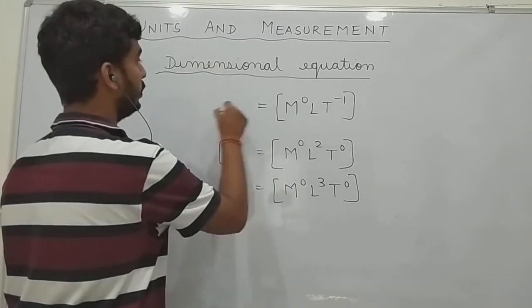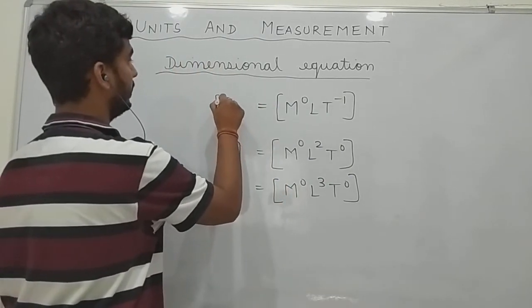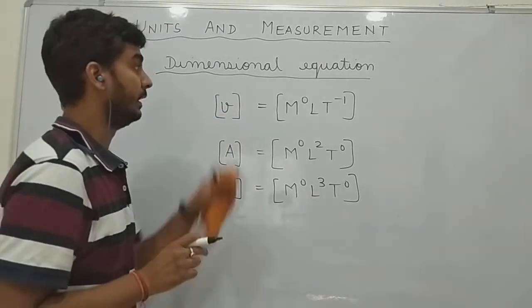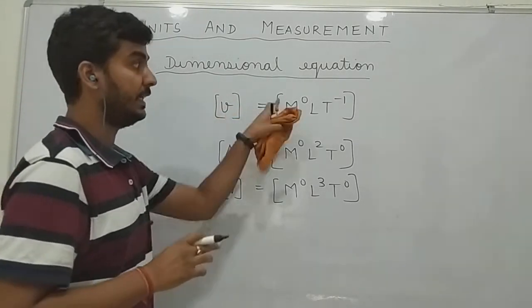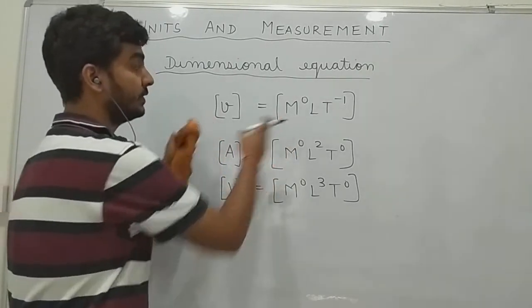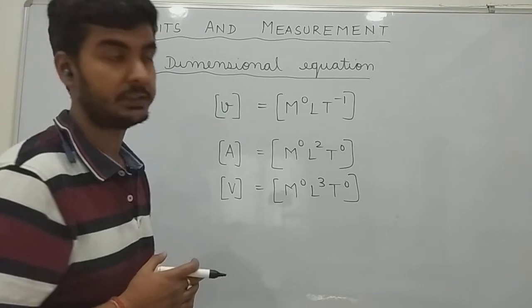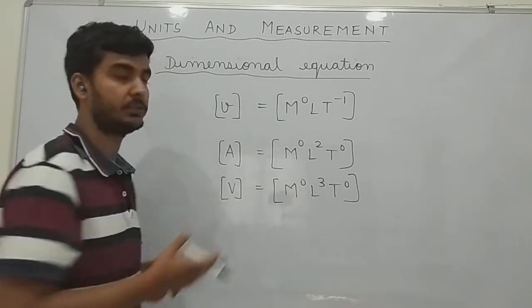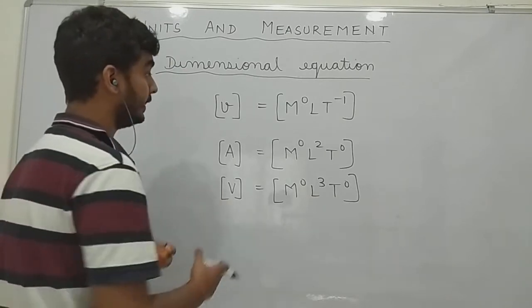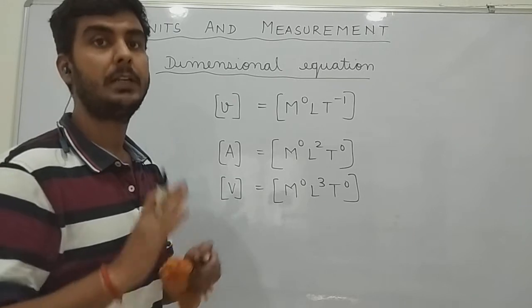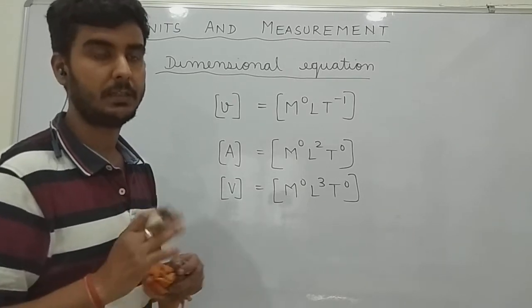If I equate it to velocity, where V represents velocity, then velocity equated to its dimensional formula forms the dimensional equation for velocity. Similarly, this is the dimensional equation representing area, and this is the dimensional equation representing volume. So you can find the dimensional equation for any physical quantity.